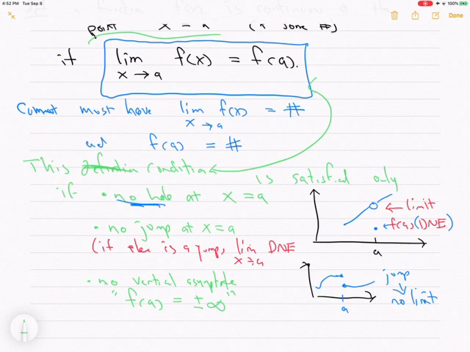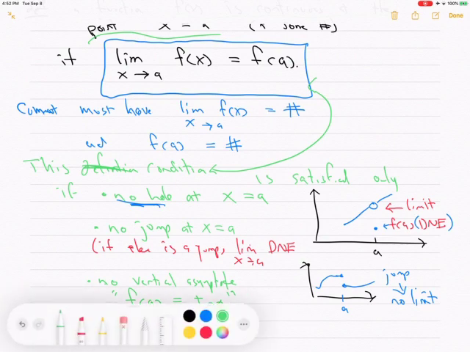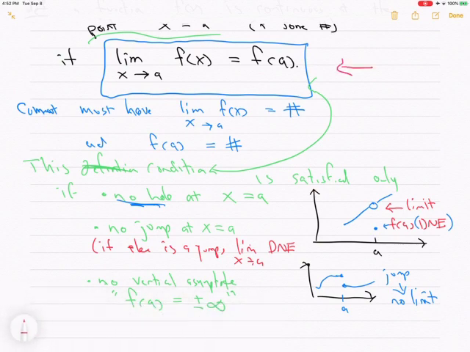So in order for you to be continuous, you have to compare two numbers, f of a and the limit as x approaches a of the function. And those two numbers have to be equal. And so this is a very powerful condition because it guarantees that we avoid the bad situations. And so this gives us exactly what we want. So this guarantees that we avoid the bad three situations.